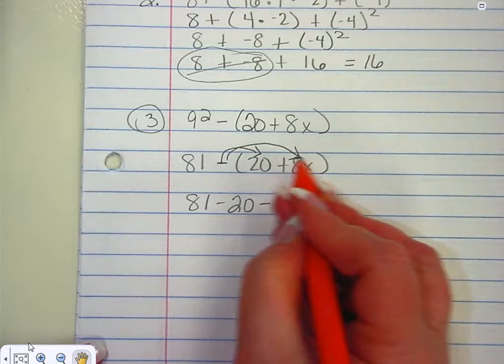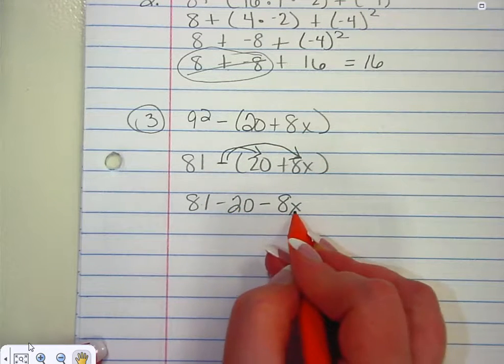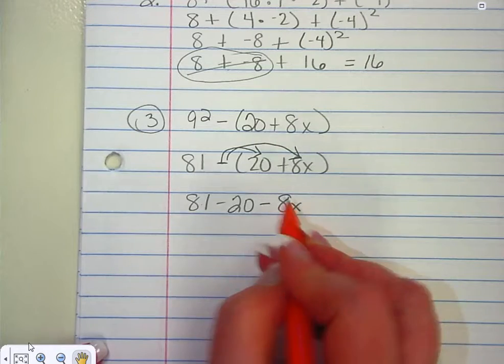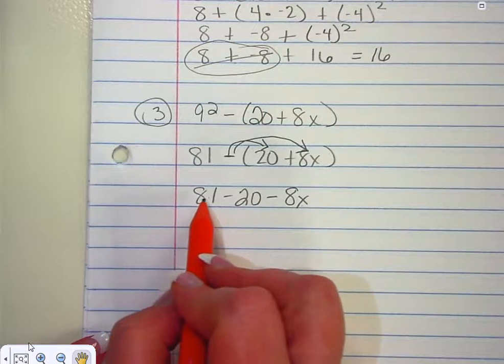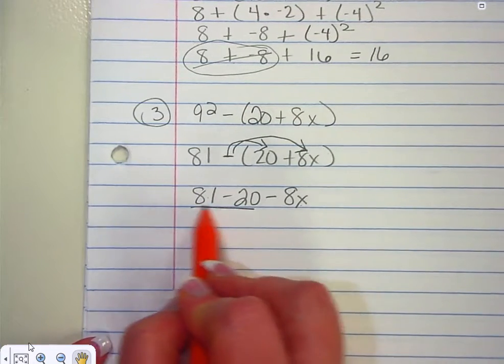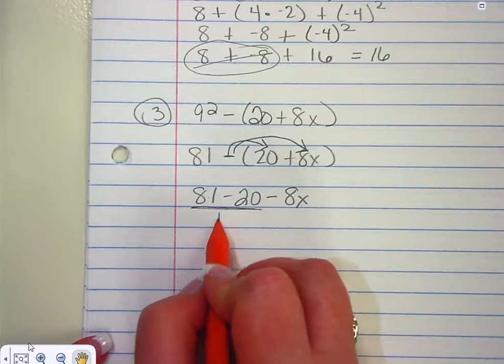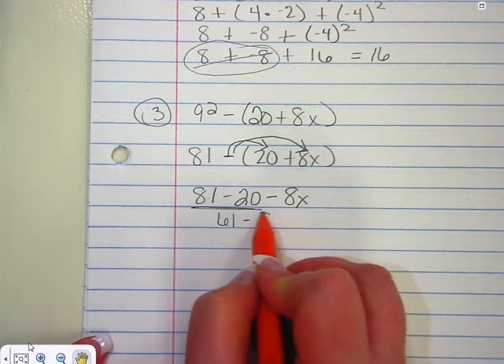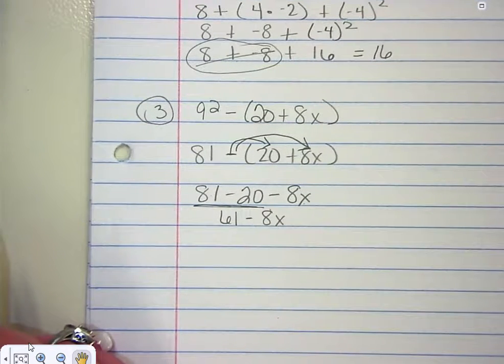I want to take both of those things away, so that means take away 20 and take away 8x's. What can I combine? What are the like terms here? 81 minus 20. And what do you get? 61 minus 8x. That is your final answer, 61 minus 8x.